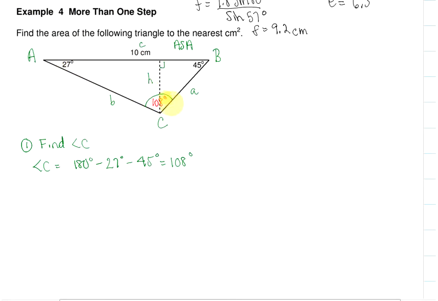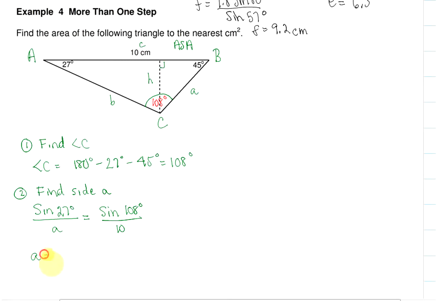So I'm going to start by finding side A. Okay, so my second step then is to find side A. All right, so I have the sine of angle A, which is 27 degrees, over side A, and that's equal to the sine of angle C, which is 108 degrees, over side C, which is 10.